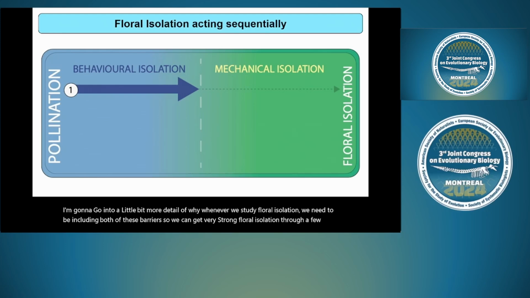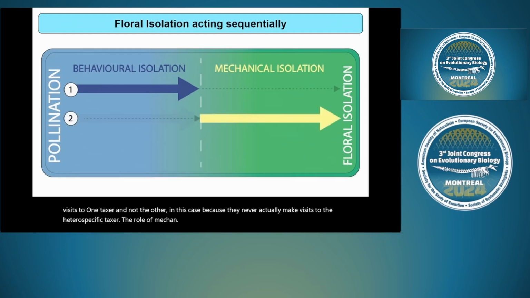The first is if we have strong behavioral isolation where pollinators make a lot of preferred visits to one taxa and not the other. In this case, because they never actually make visits to the heterospecific taxa, the role of mechanical isolation is negated. In the second scenario, you might have a pollinator that makes frequent transitions between closely related taxa, but because of differences in the flower architectures, we might find that there's still no heterospecific pollen transfer, resulting in strong floral isolation.